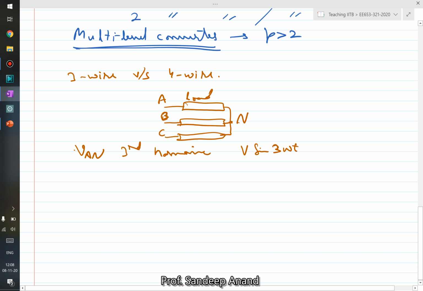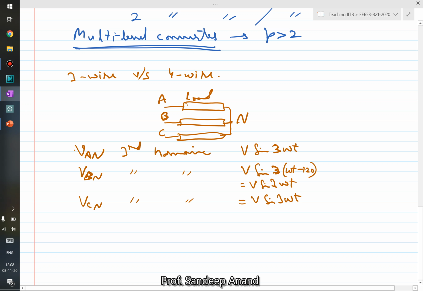Similarly, VBN could also have third harmonic voltage, which could be V sine of 3 times omega t minus 120, which is nothing but equal to V times sine of 3 omega t. And similarly, VCN can also have third harmonic, which will also come out to be V sine 3 omega t.